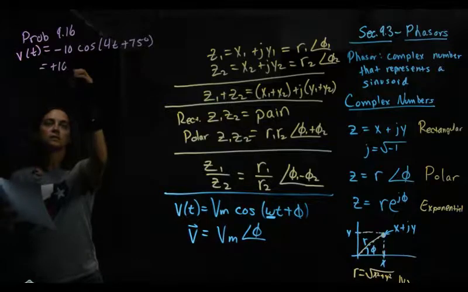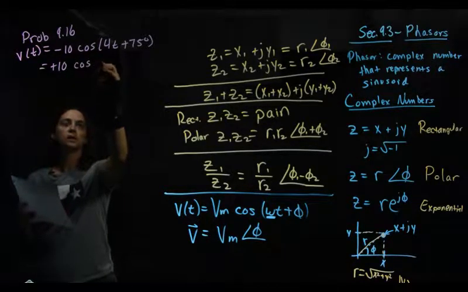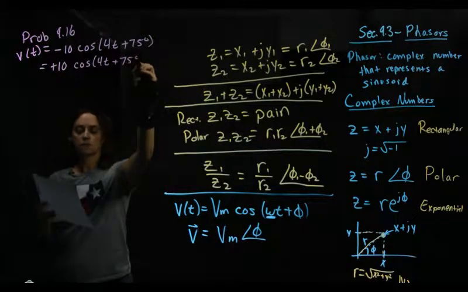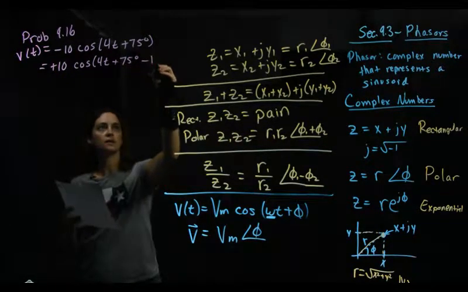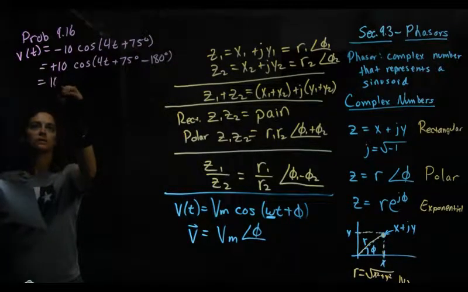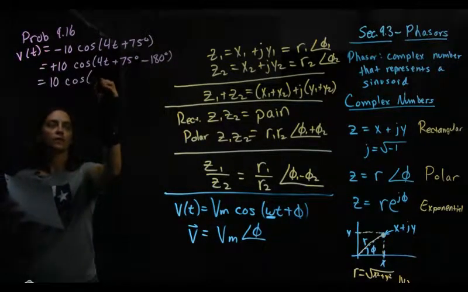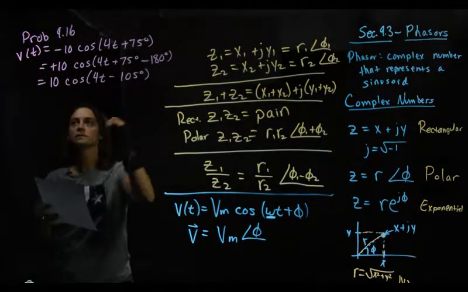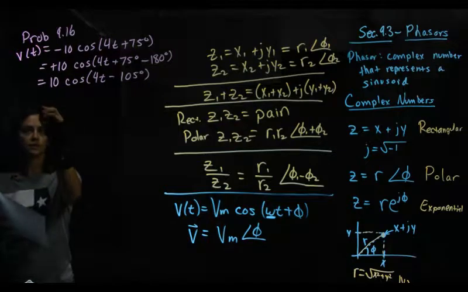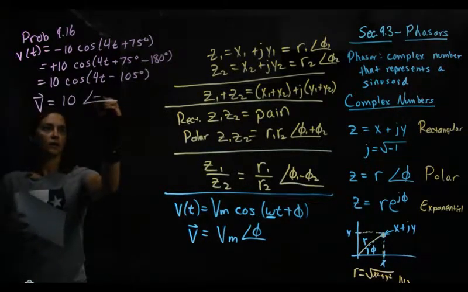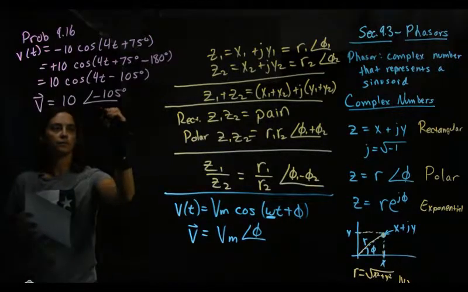So I can write this as plus 10 cosine 4t plus 75 degrees minus 180 degrees, or 10 cosine 4t minus 105 degrees. And now my phasor is just 10 at an angle of minus 105 volts.